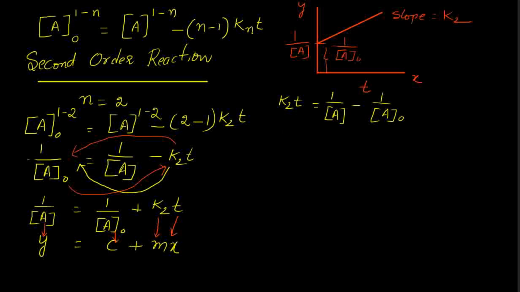Here t equals to, the k2 comes to this side, 1 by k2 and 1 by a minus 1 by a naught.